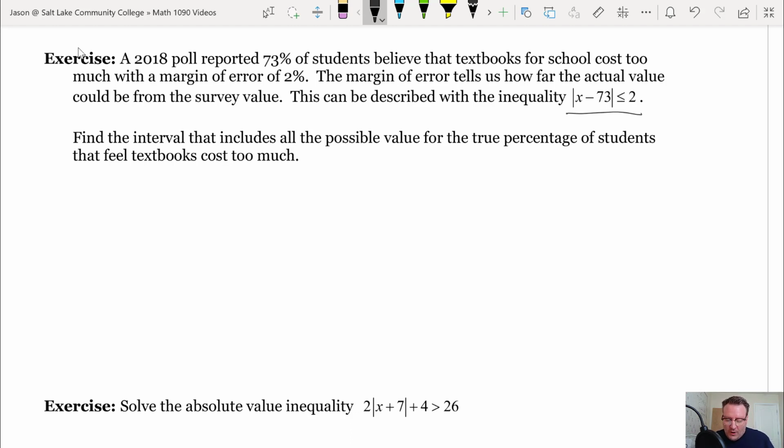We don't know what the actual percentage of students who believe that textbooks for school cost too much is. We don't know that precisely. Why don't we know it precisely? Well, because we didn't ask all of the students in our population. We just asked some of them. We picked 100.